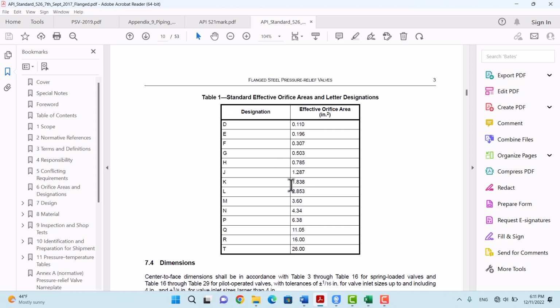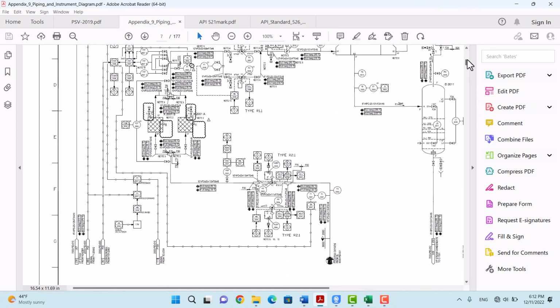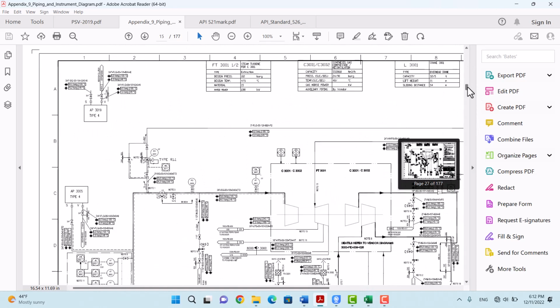For 1.8 square inches, the H designation is allocated. For the largest, 26 square inches, the T designation is allocated. And for PSVs, when we have a PSV in a P&ID, let me show you some P&IDs, some PSVs.